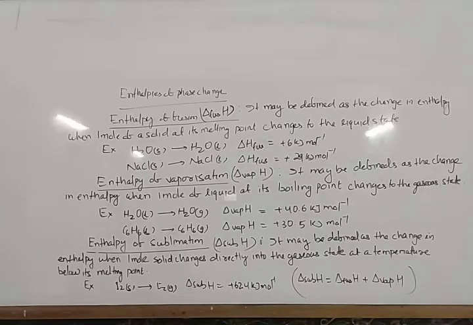Enthalpy of sublimation is the change in enthalpy when 1 mole of solid changes directly to the gaseous state at a temperature below its melting point. Experimentally, enthalpy of sublimation equals enthalpy of fusion plus enthalpy of vaporization.